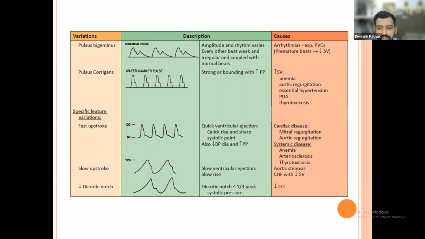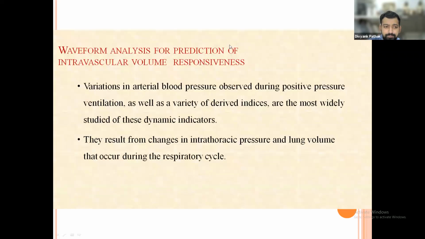So in these scenarios, you can identify some abnormal conditions by only seeing the arterial waveforms.